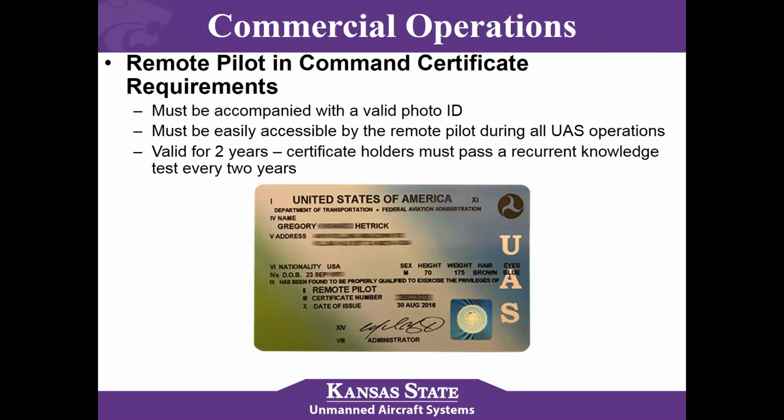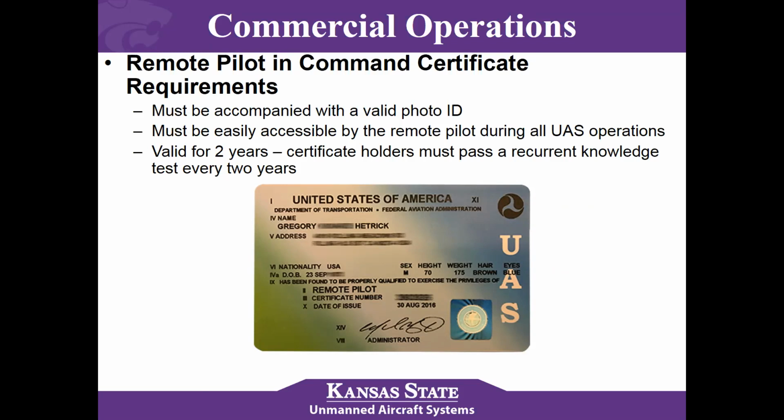Once you take that test and pass, you'll get the UAS certificate, which is the certificate you see on your screen now. It must be accompanied with a valid photo ID to prove that it is you and your name, and that certificate is associated with you. It must be easily accessible by the remote pilot during UAS operations, so likely in your pocket or in your wallet.